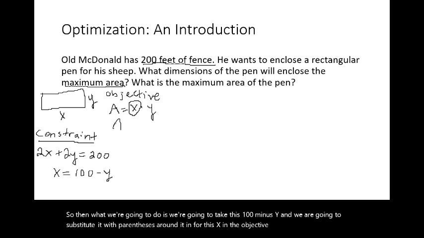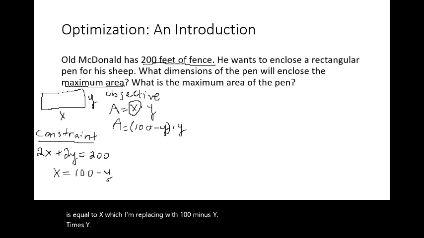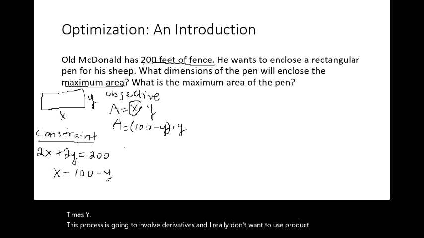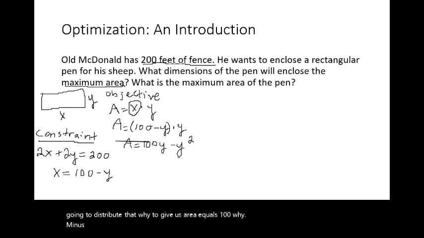So we'll get the area is equal to x, which I am replacing with 100 minus y, times y. This process is going to involve derivatives, and I really don't want to use product rule, so I am going to distribute that y to give us area equals 100y minus y squared.